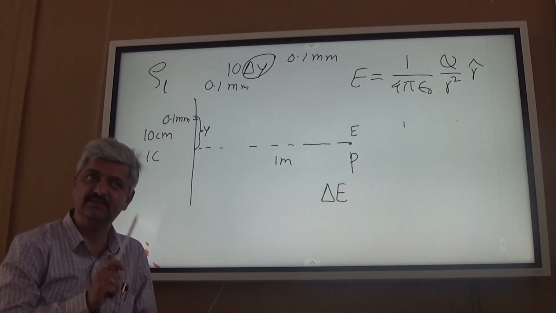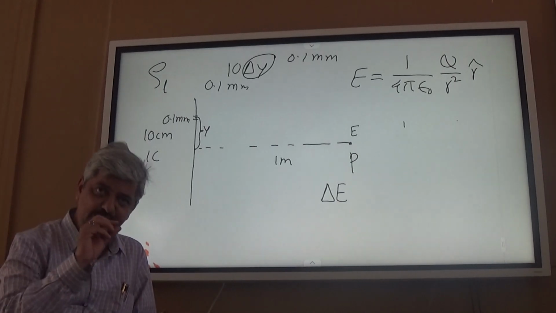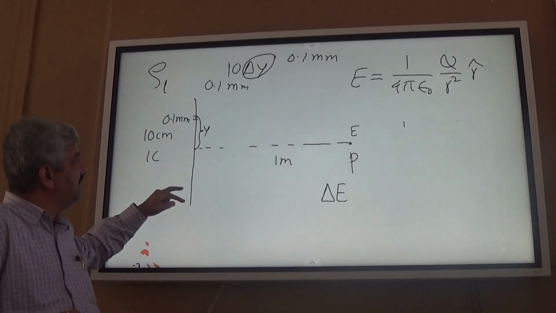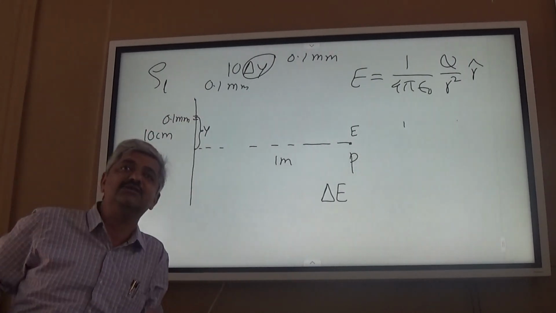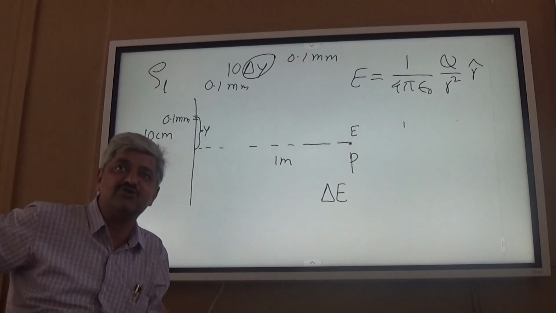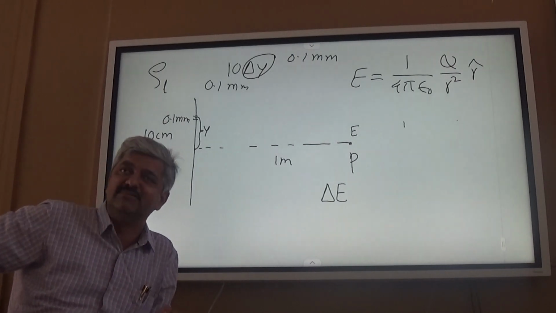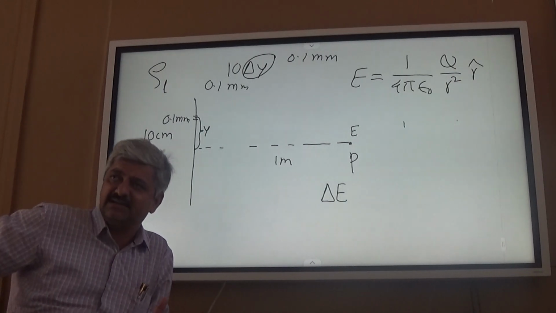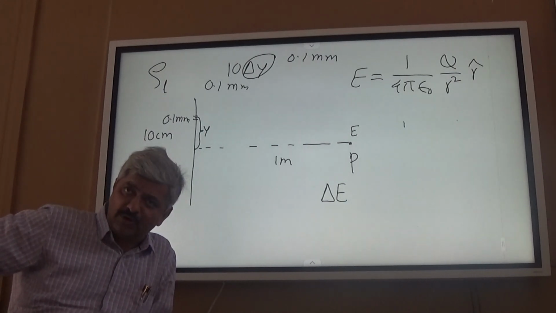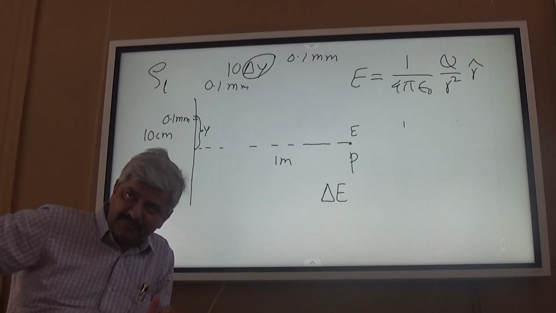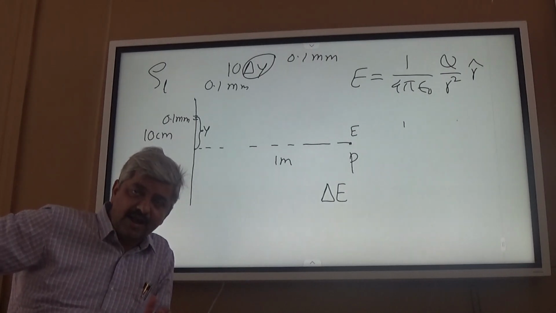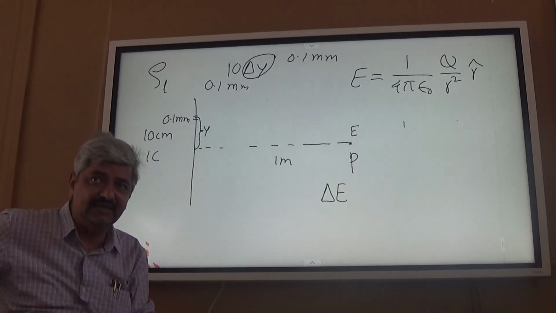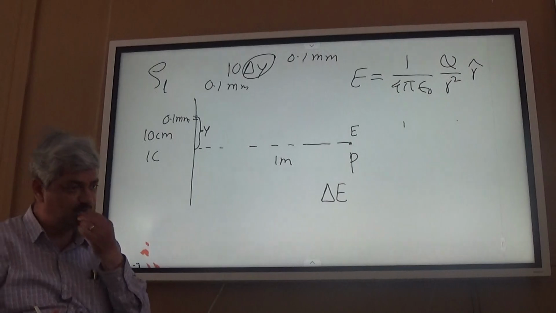So I have reduced the problem into small parts. The line is divided into 1000 small segments, each of length 0.1 millimeter, and there is one representative segment at distance y from the midpoint on the upper side, and I want to calculate the electric field E because of that small segment.